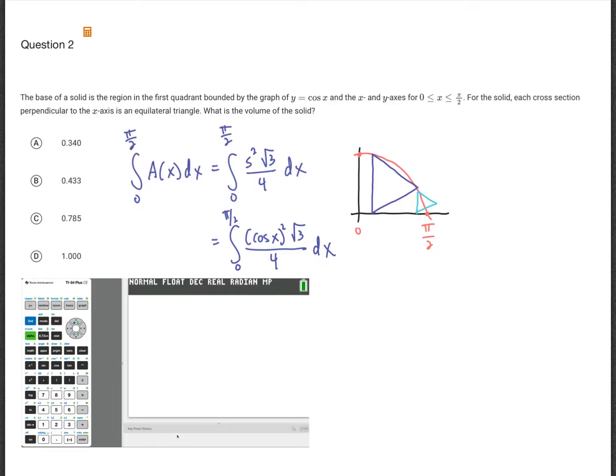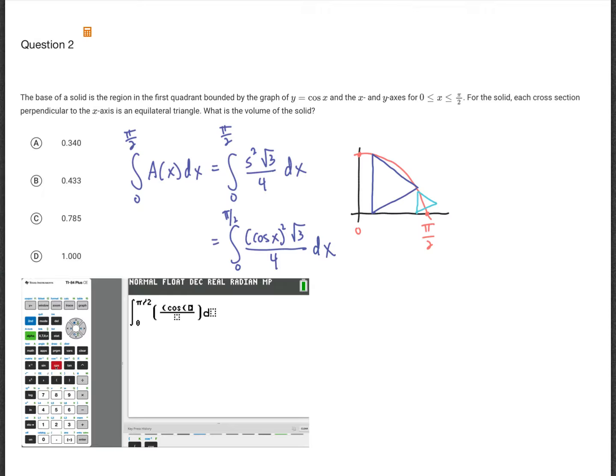Okay, so let's do that in the calculator. I've got the function in the calculator, I think. Or maybe not. Just to be careful, we'll use the alpha button next to it to create a fraction.